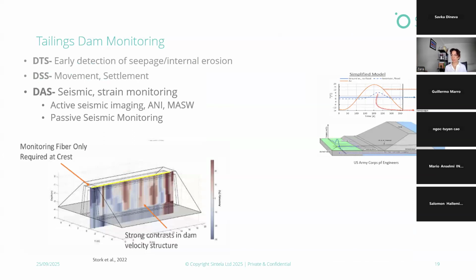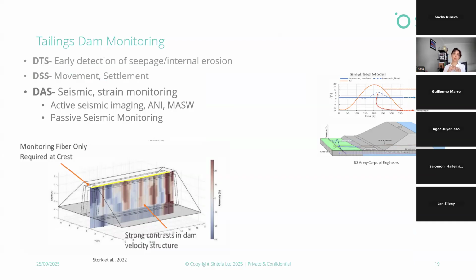An application of seismic imaging, again, is within tailings dam monitoring or embankment dam monitoring. Distributed fiber optic sensing is becoming a more known technology to be useful for dams. We can use DTS and DSS in dams, connecting to fiber optics for that near field temperature and strain measurement.